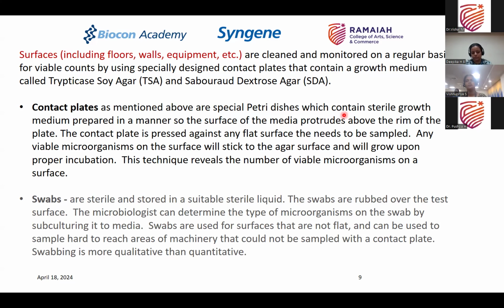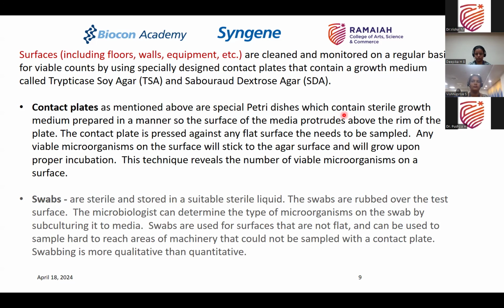For swabs, we have sterile swabs. We rub these sterile swabs onto the surface of the floor or equipment or whichever region. We collect that swab, and then we inoculate or streak it on the surface of the solidified culture media, incubate, and see the growth of the microorganisms.